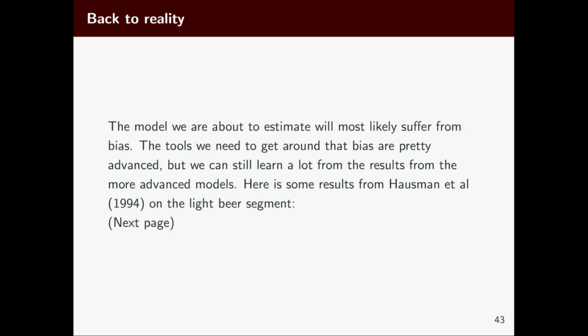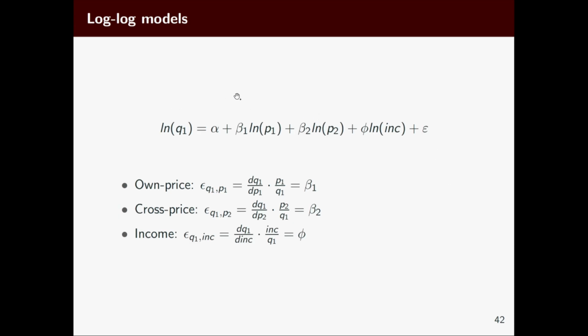Okay, so back to reality. So everything we've talked about in estimating these kind of demand models, I'm going to go back a slide, we have Q as a function of price, which we talked about early in this lecture is not a good way to do that. That's almost certainly going to result in a biased estimate for beta 1 and actually a biased estimate for all of the other coefficients as well.